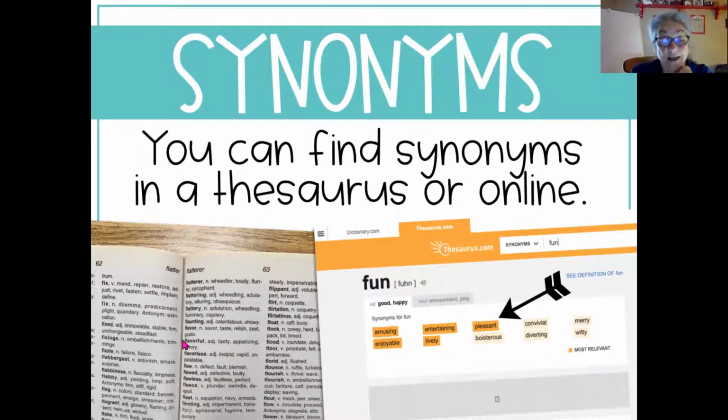If you look at this example right here, you can see it's set up just like a dictionary. The word that you would look up is in dark print. And then there are words beside it that are synonyms that you can use instead of that word.